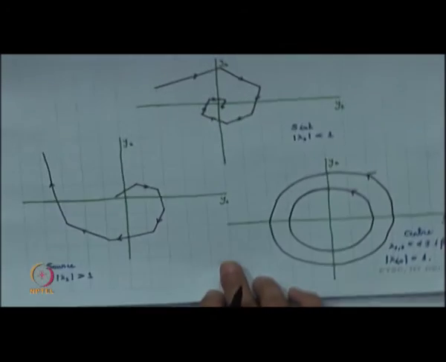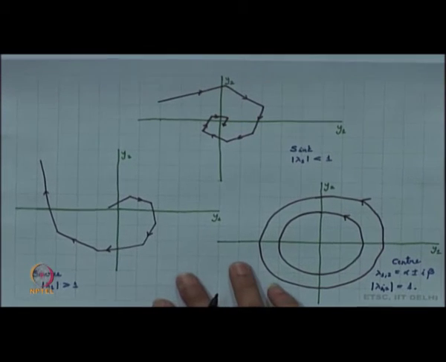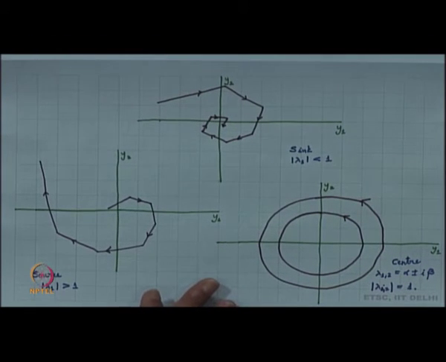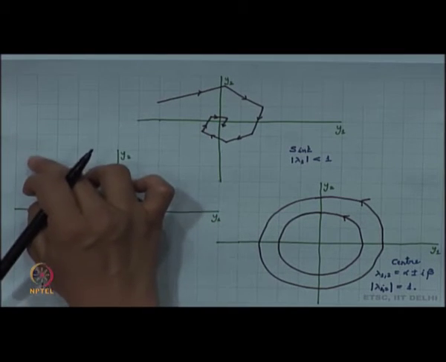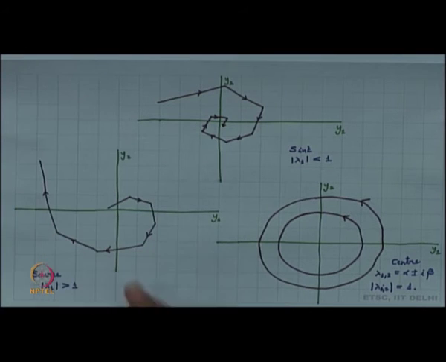So, let us look into this picture here once again. So, we have this particular source when mod lambda is greater than 1. So, you have that any nearby orbit is basically going to spiral around the origin, right, and then it is going to move apart. So, the origin tends to be something like a source, right.